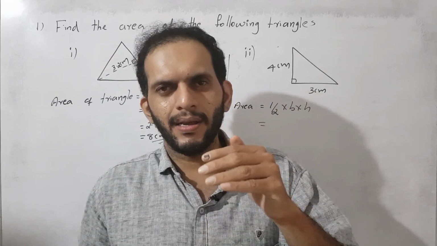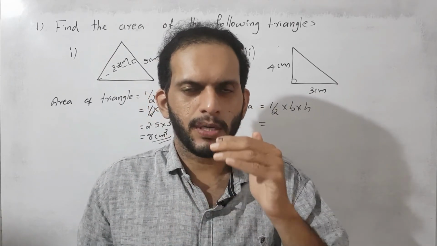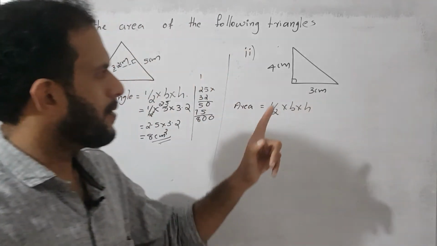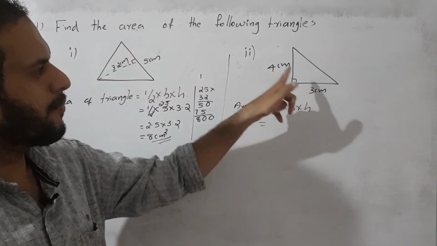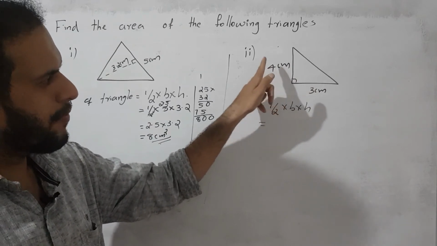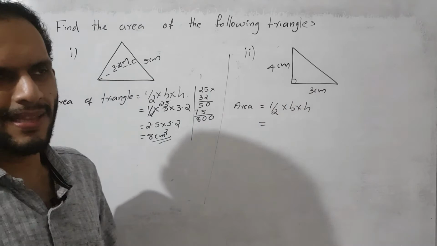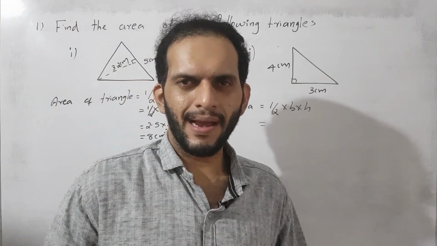So if we consider 3 as base, then 4 is the height. If we consider 4 as base, then 3 is the height. This happens only in the case of a right triangle.